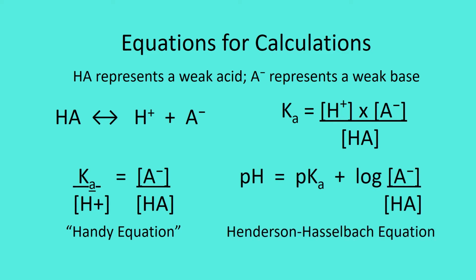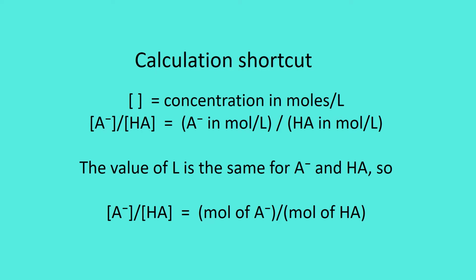The Henderson-Hasselbalch equation is easily derived from the handy equation by taking the log of both sides and doing a little subtraction. We'll use both of those equations here. There's also a little calculation shortcut that we're going to use in these equations. Remember, brackets mean concentration in moles per liter, and our HA and A- concentrations are in units of moles per liter.